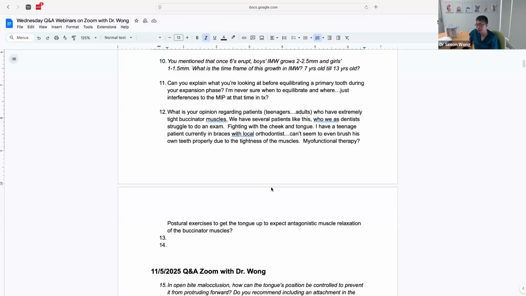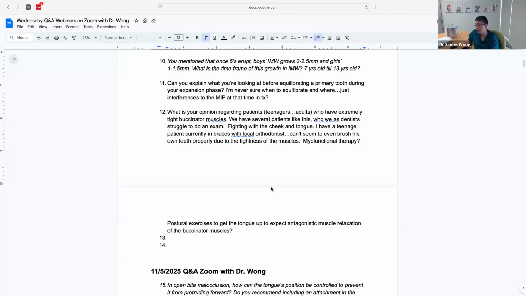Certainly reducing the freeway space is very important. Helping them to learn to swallow with their teeth together is very important. More often than not, the braces themselves will act to dissuade them to squeeze their lips back because it's uncomfortable for them to do so.